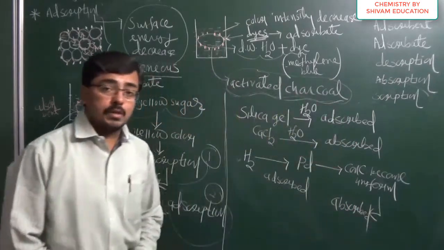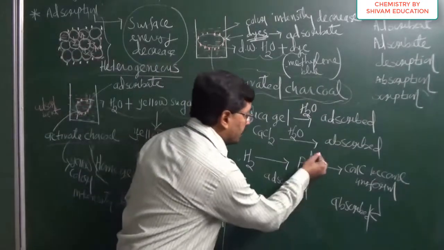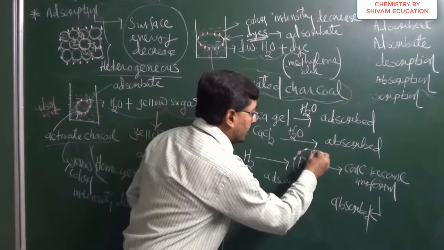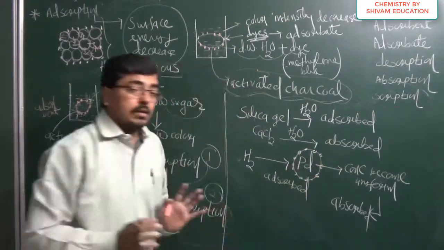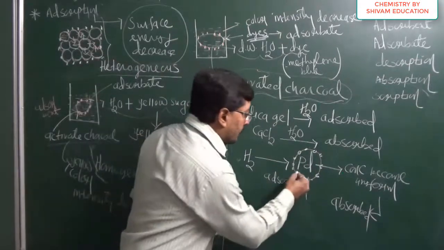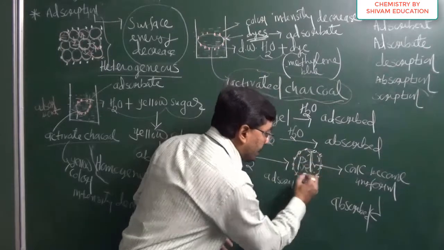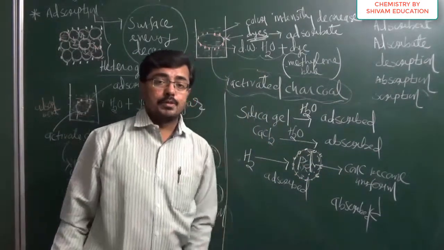So here you observe that hydrogen gas initially on the surface of palladium, suppose this is the metal we have taken, has its concentration maximum only on the surface. Then it starts to penetrate the surface, and we can say that it will be uniformly spread into this metal. Then this phenomenon is absorption.